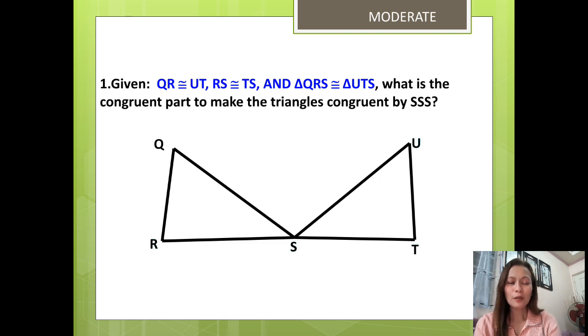So we need another congruent part to complete SSS. Okay? The answer for number 1 is side QS is congruent to side US. Next question.